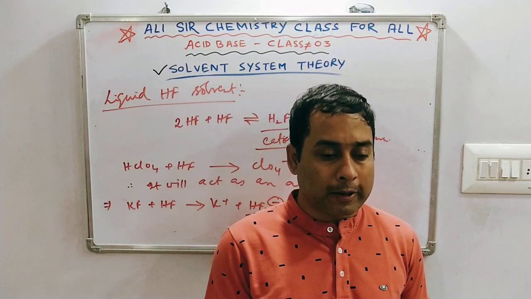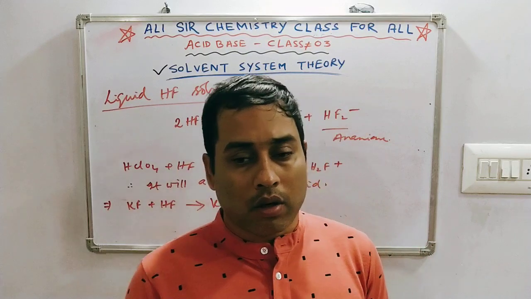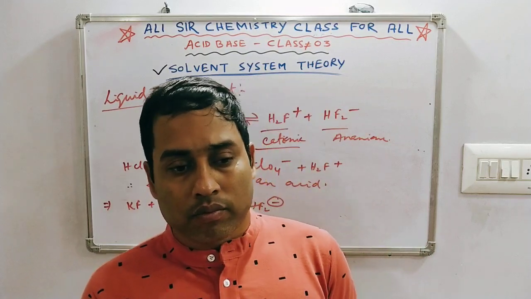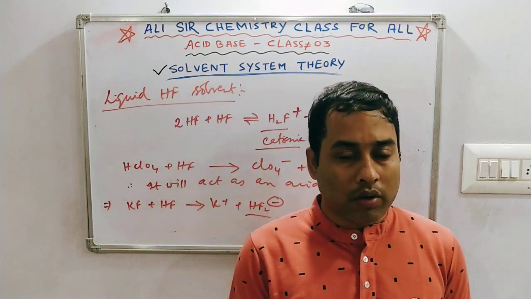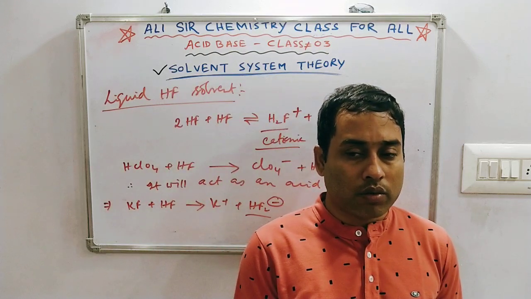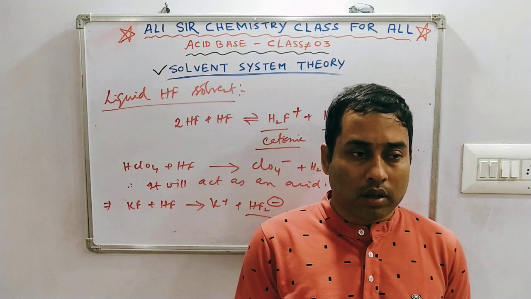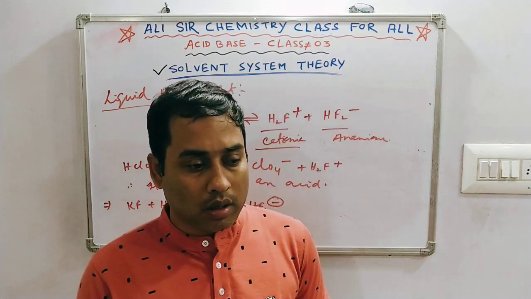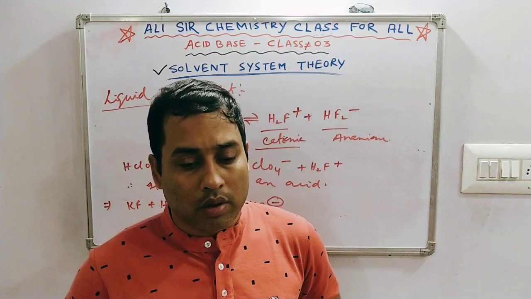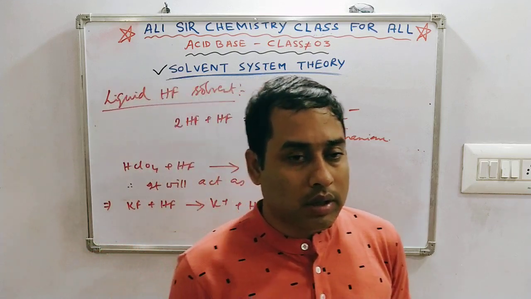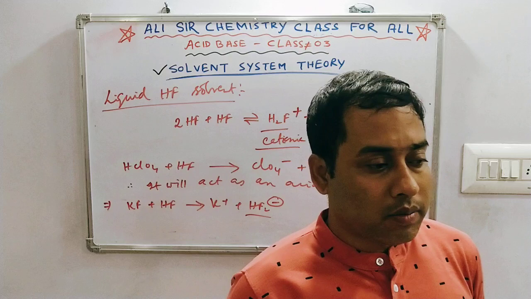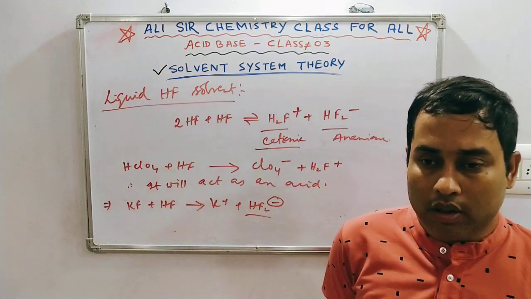Already we have learned in these three classes the Lowry concept, Arrhenius theory, and Lewis acid-base concept, and today is solvent system theory, the fourth theory. There is one more theory, the Lux-Flood concept, which I will take in the next class.